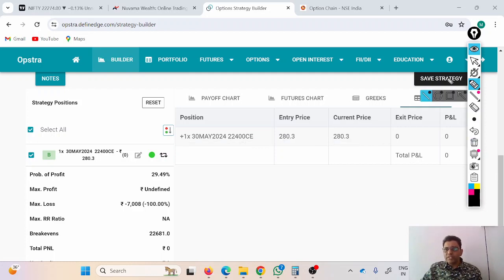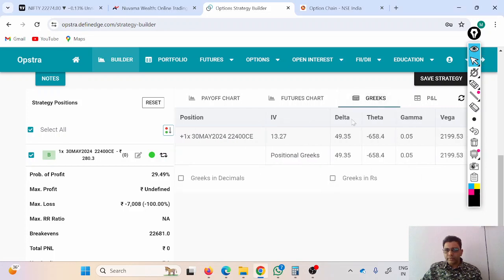And if you come to check this Greek, the theta is negative. Why is theta negative? Because I have bought this call option. If Nifty does not move, that means if all other Greeks are inactive, if all other Greeks are not operating, in that case I will be facing losses. That's why this theta is negative over here.